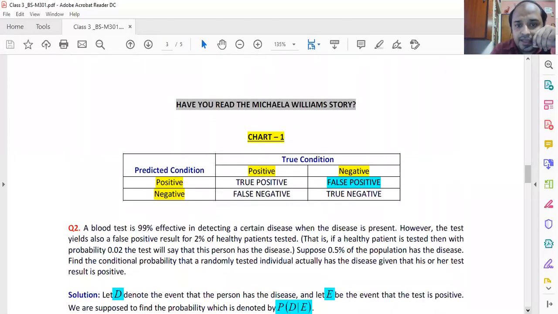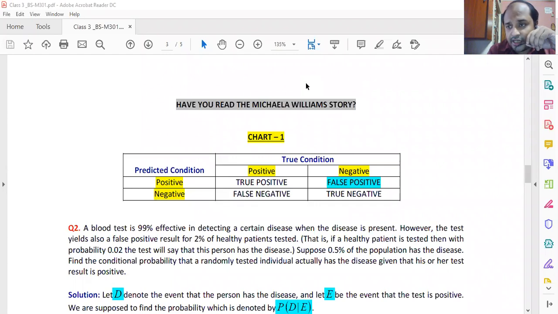Now my next topic: have you read the Michaela Williams story? I'm not going to discuss the story in detail, so if you have not read it, just read it after the class ends. What was the story in brief? She was very ill and a monitor was attached to her hospital bed.